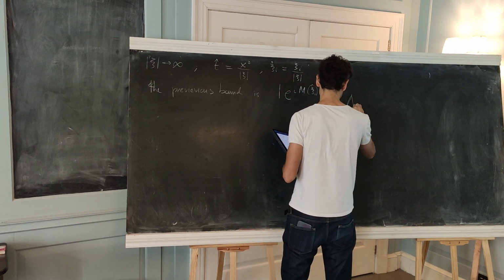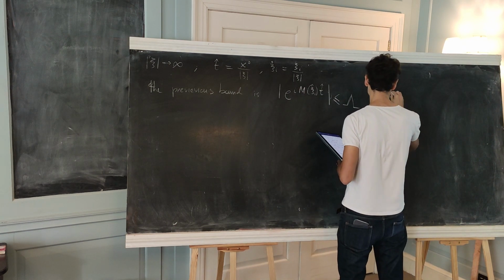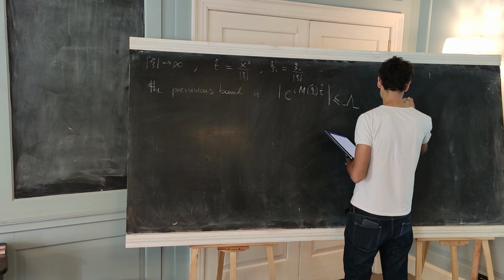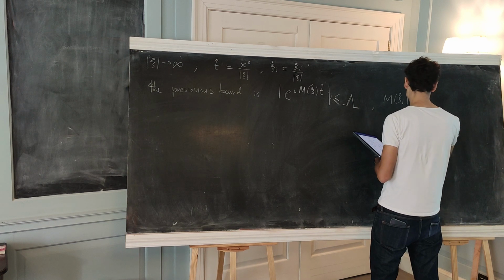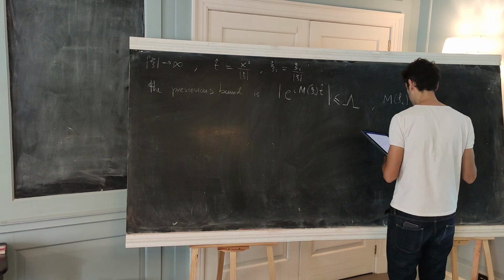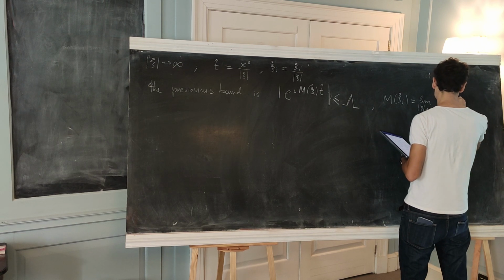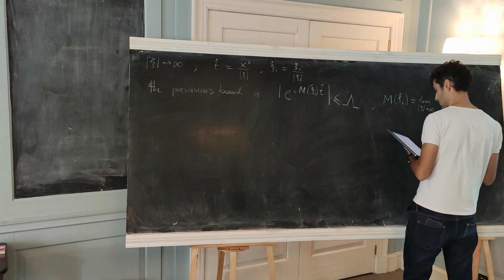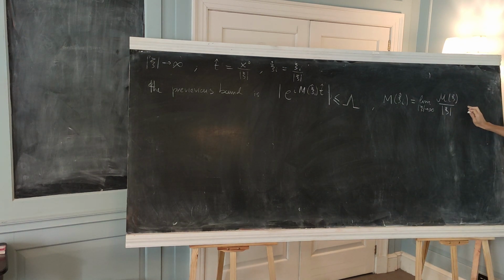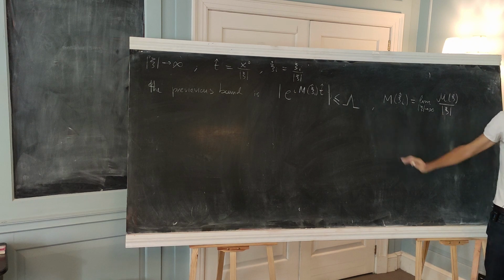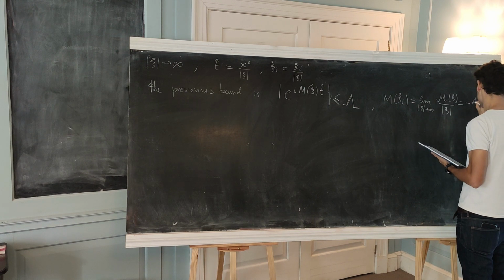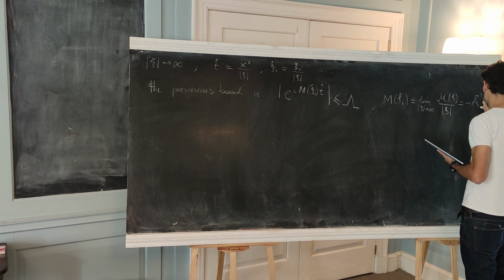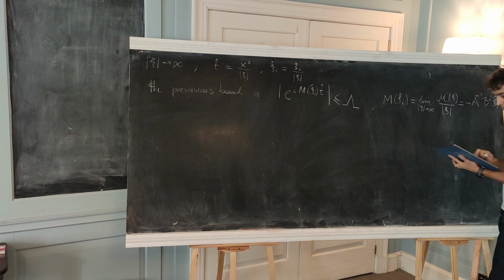This has to be less than a constant, and M is the limit for large wave numbers of this curly M. That's all that matters in terms of the bound that we wanted, and that's just minus the inverse matrix B.